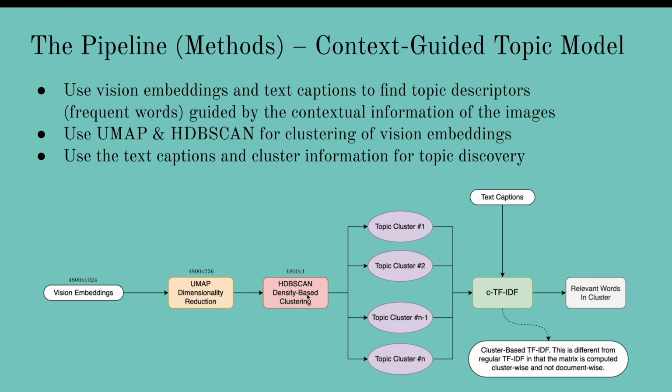Again, for this project, I used the HDBSCAN algorithm, which is a density-based hierarchical clustering algorithm, which works very well with UMAP. Once you have assigned a cluster to each one of the images, you can combine both the cluster information and the text captions to generate a class-based term frequency inverse document frequency matrix. And once you have that matrix, then you can query the relevant words in each one of the clusters.